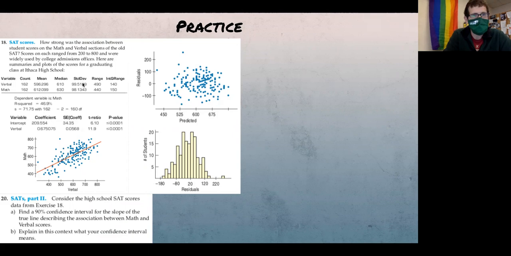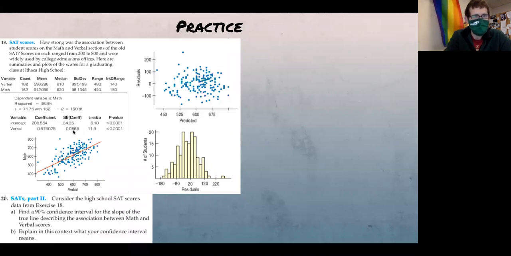They give us a few things to work with, but they give us the intercept and our verbal. This is comparing the verbal and math scores of an SAT. So for the verbal, we can see that for every point in verbal, we would expect to get 0.675 points in math if we're making this prediction.